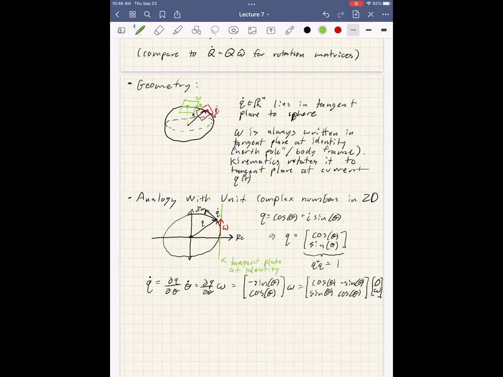Because of the odd number of dimensions in 3D, there's some weird topological stuff that means I have to do the copy trick. It turns out you don't need to do it in 2D. There's a one-to-one correspondence between the complex numbers and the 2x2 rotation matrices. So it's not a double cover.